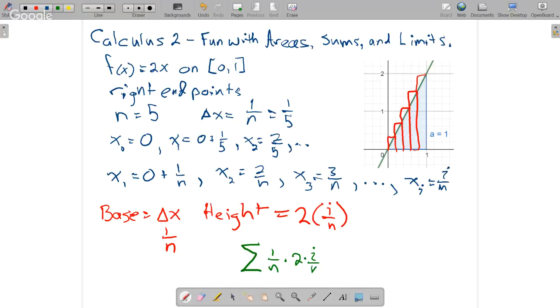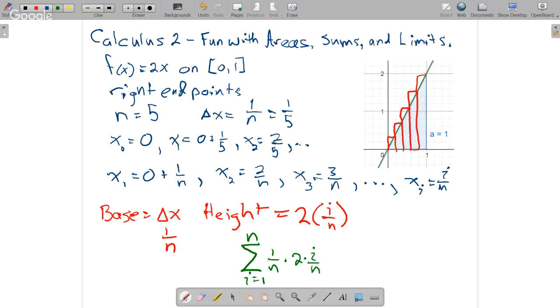And i gets to range, I have right-hand sums, starting with 1 and ending at n. Because I chose to have n rectangles. n could be 5, but in this case, I'm just letting it be n. Now, the variable in this summation is i. n is a constant.